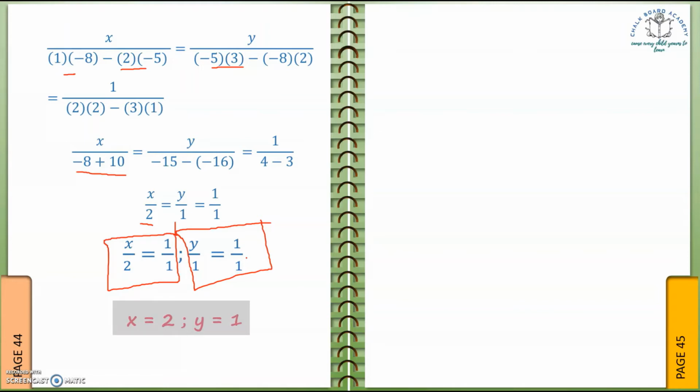Sometimes we get the variables in the denominator as well. So there what we can do, we can reduce the equation by letting them be certain another variable.